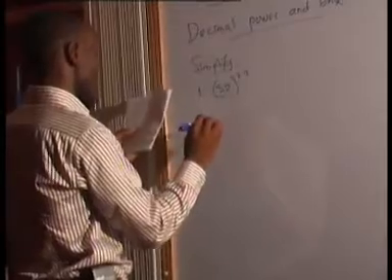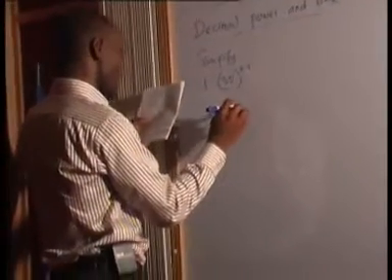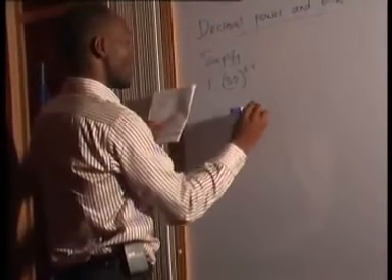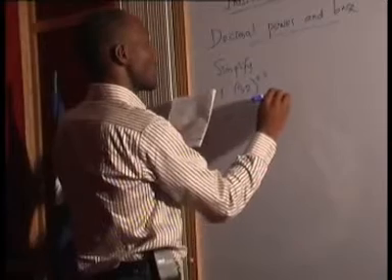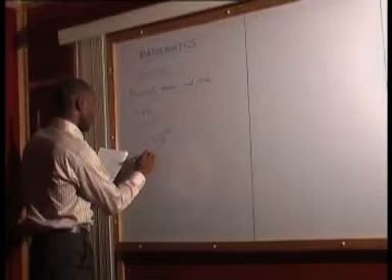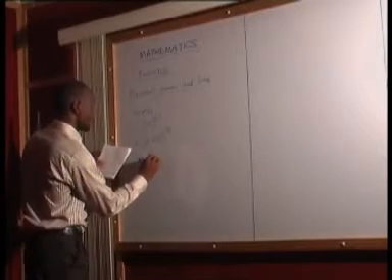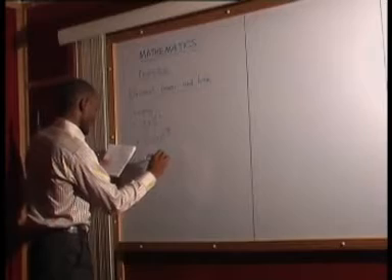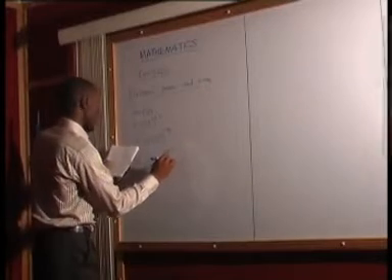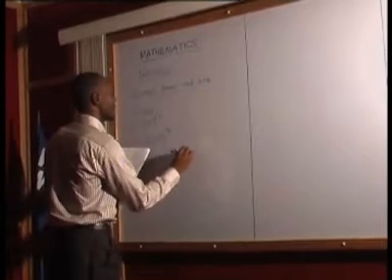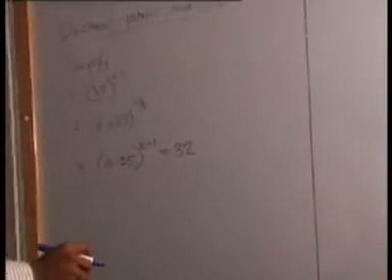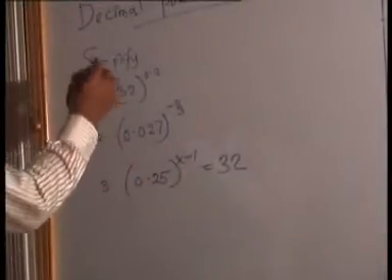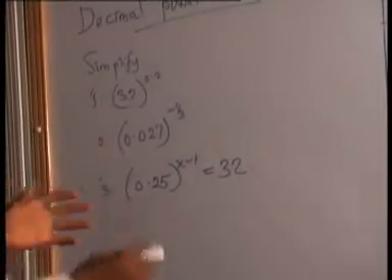The second one, you have 0.027 raised to the power minus 1 over 3. So the third one, 0.25 raised to the power x minus 1 equals to 32. So I'll be picking 1, then I'll be picking 3. 1 and 3. So solution.